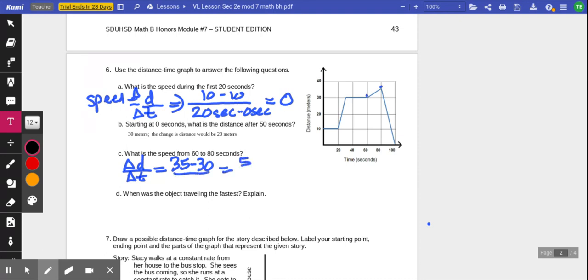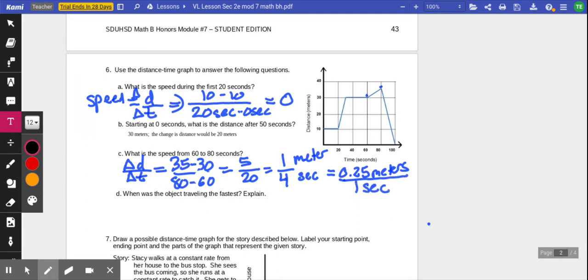And the time was 80 minus 60, which is 20. So this is 1/4. So they're going 1 meter every 4 seconds. If we want that as a unit rate, that's 0.25 meters every second. Usually when we have speed, we do it per 1 unit. So we're looking for a unit rate.